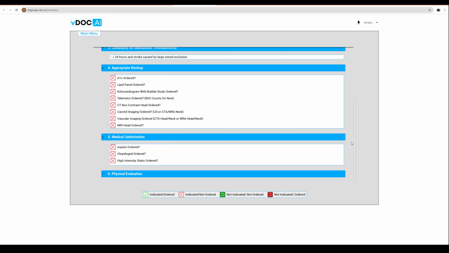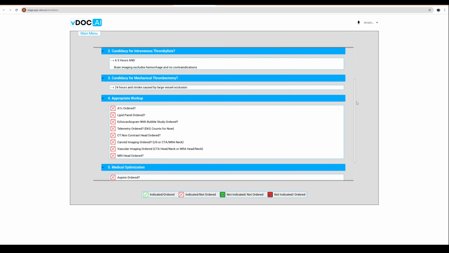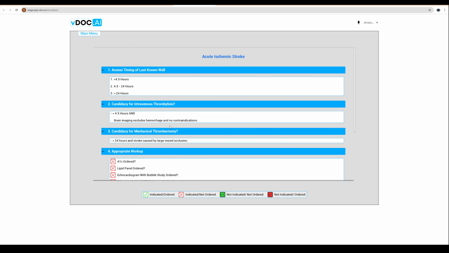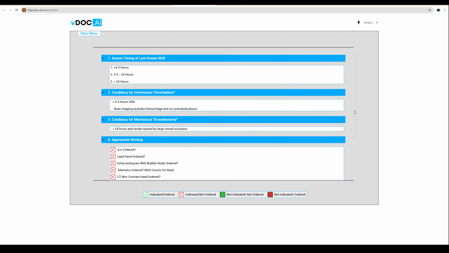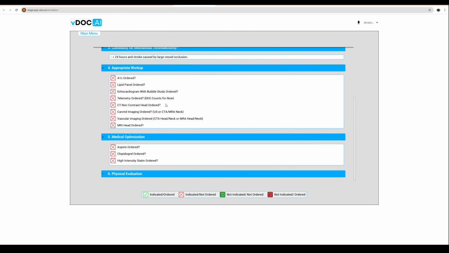And this doesn't cover every case that's going to be presented, but the main goal is foundational concepts for students to understand when they have this case, which is an acute ischemic stroke case, that was not a candidate for thrombolysis, was not a candidate for thrombectomy, that these are the core evaluations that they needed to perform.